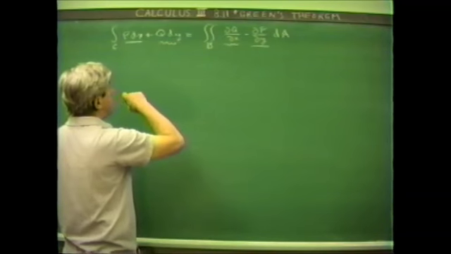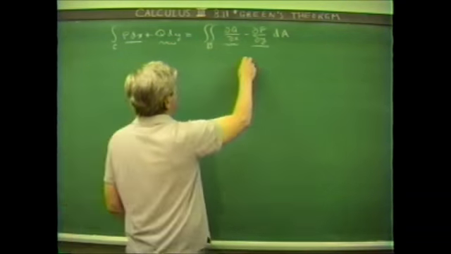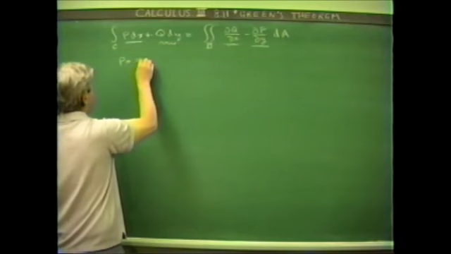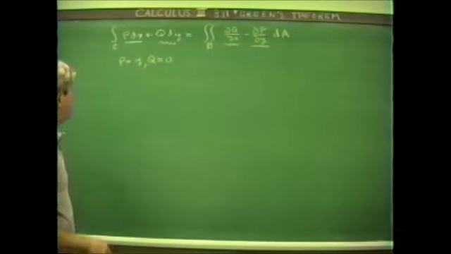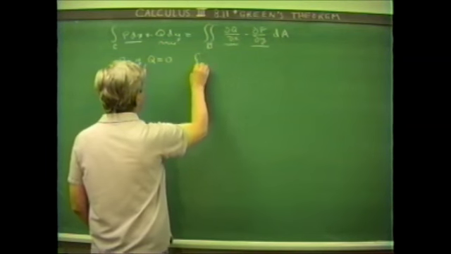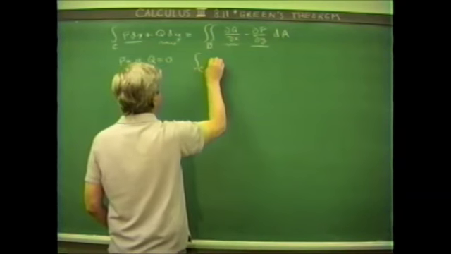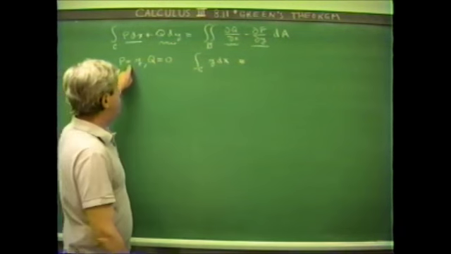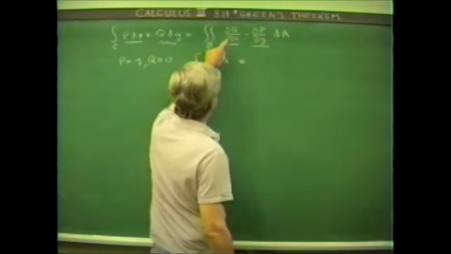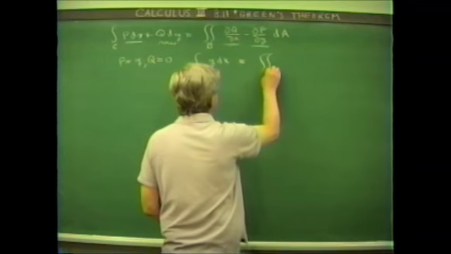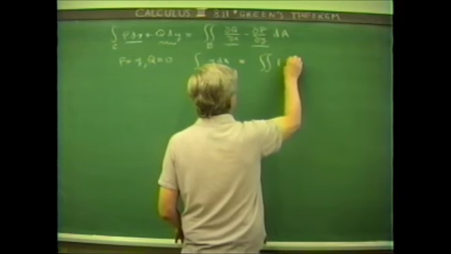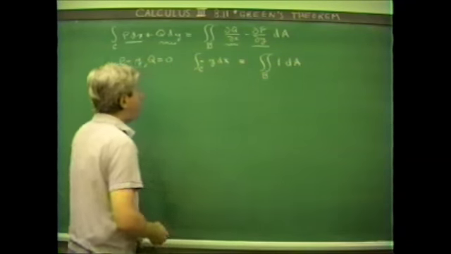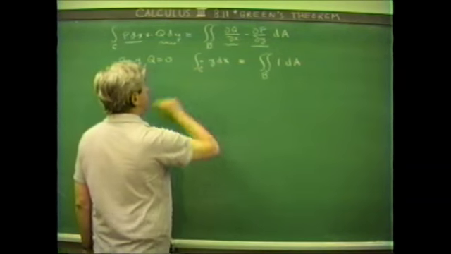If we let P be equal to y and Q be equal to 0 in Green's theorem, we get that the integral around C of y dx is equal to the double integral of, the partial of P with respect to y, the negative of it, is going to be minus 1, the partial of Q with respect to x is going to be 0, so this is going to be the double integral of minus 1 over B. This is usually written as the integral over B of minus 1 dA is the integral around C of y dx.